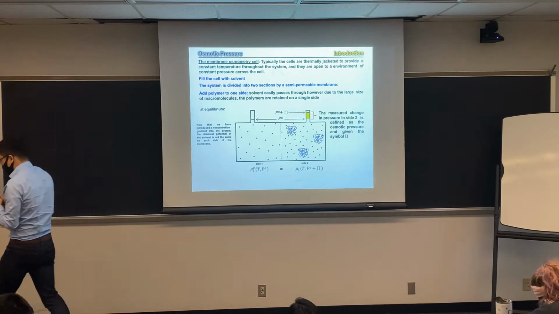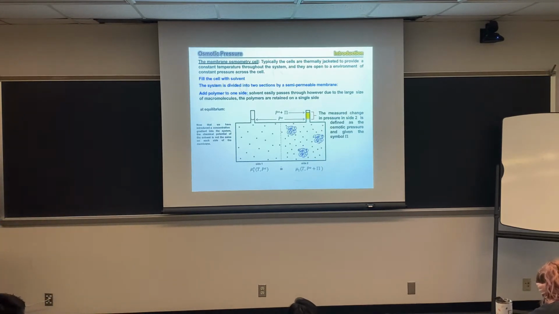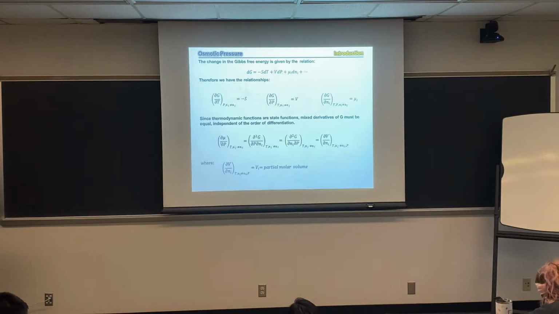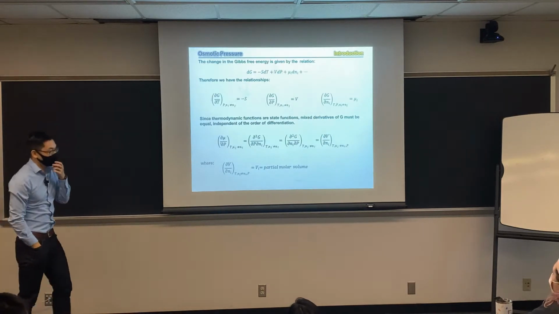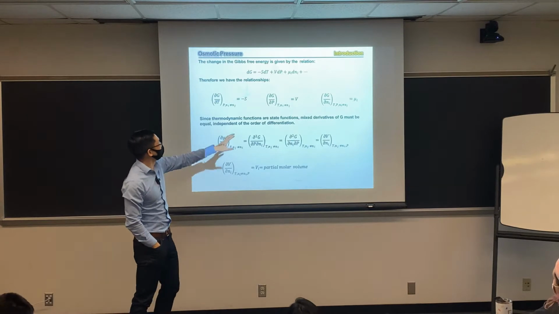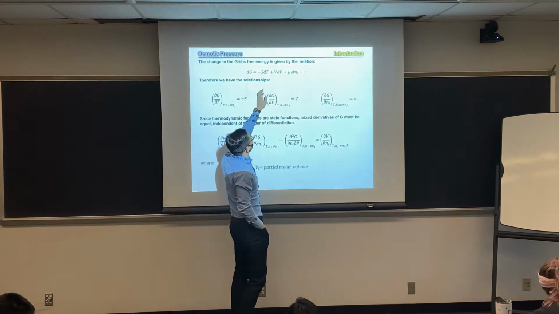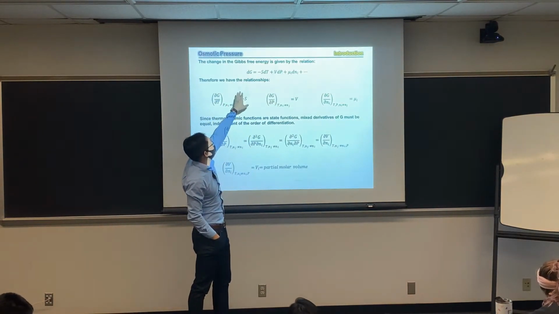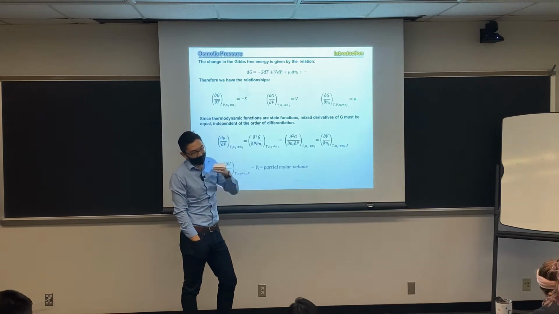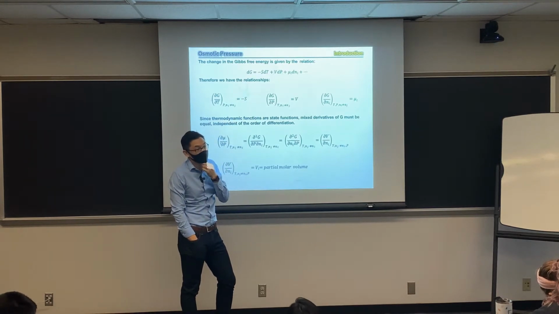Okay, if not, then let's take a look. This is a lot of thermodynamics equations, but bear with me. What we are looking at is very simple. First, on the top, it's a very generic description of dG. G is the free energy. Okay?